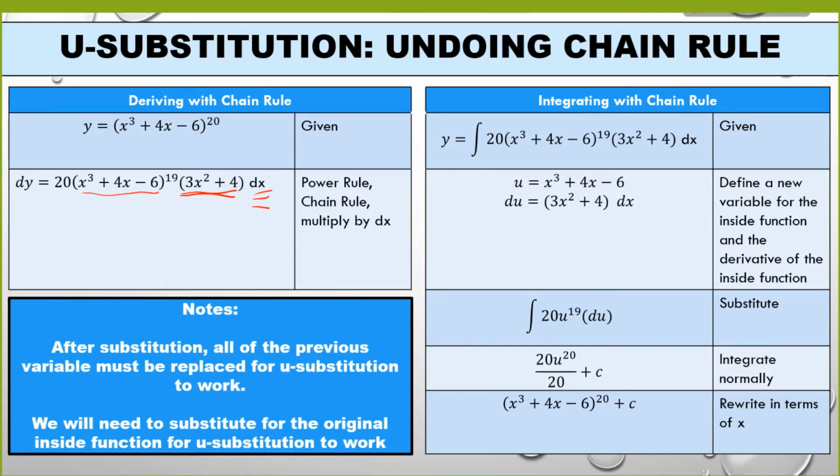So do you derive 3x squared plus 4? I've derived this part. So it's like 20 times x cubed plus 4x minus 6 to the 19th power times 3x squared plus 4 and then 6x?